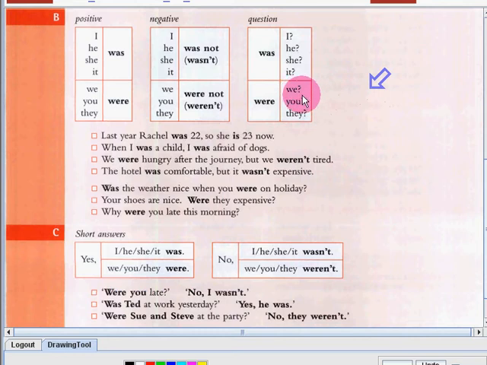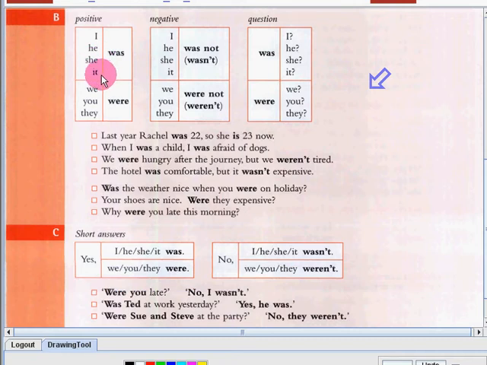Here we have a table, and as you can see, we have a list of the pronouns that we can use for each of the following verbs. Let's discuss the first box. We have the pronouns I, he, she, and it.